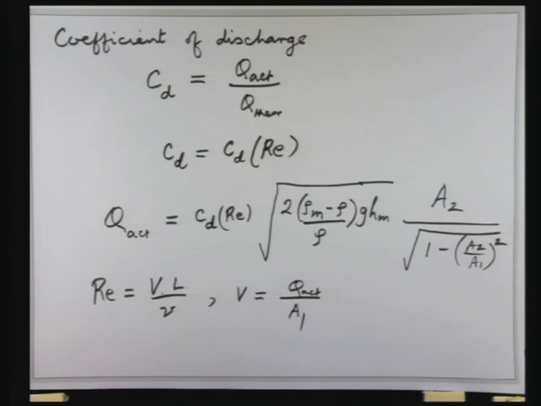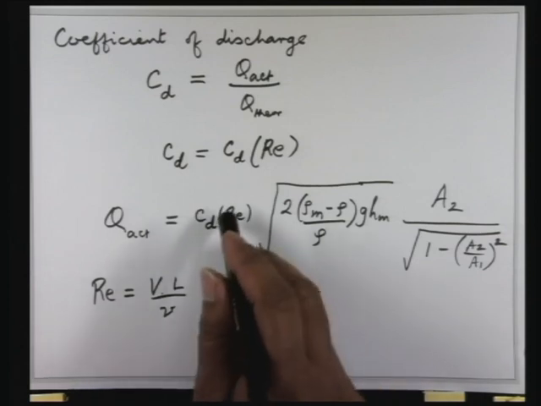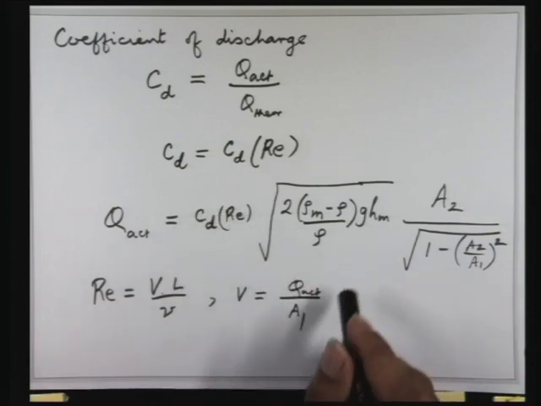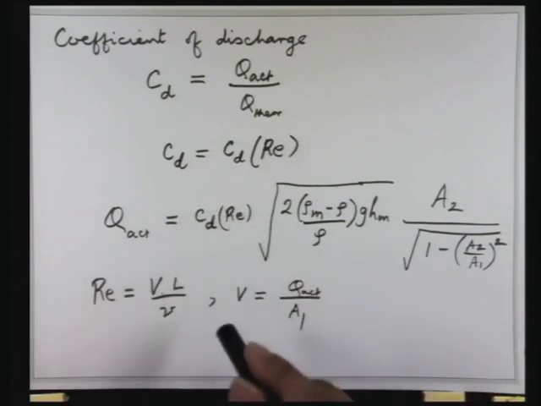You will have to iterate. But luckily for you, if the Reynolds number is large and the flow is turbulent, then the C_D will be independent of Re. That you can verify from your calibration experiment. So if you iterate also, the first guess you will take is the value at the high Reynolds number.